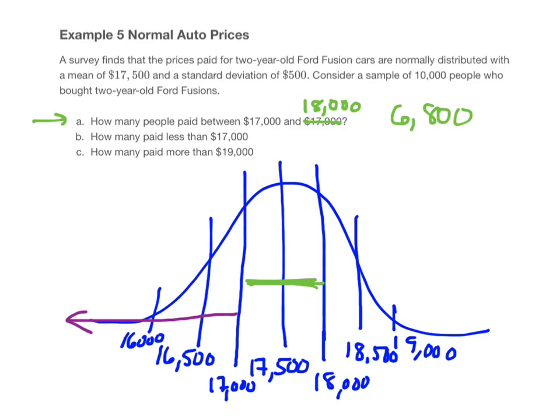So that means that the other 32% are either more than 1 standard deviation away from the mean in either direction. Okay, so the purple lines here represent 32% of the people, and if you divide that in half because it's symmetric, that means that 16% of the people are going to be below 1 standard deviation away from the mean. All right, so that's 16% of 10,000 people, which is 1,600.